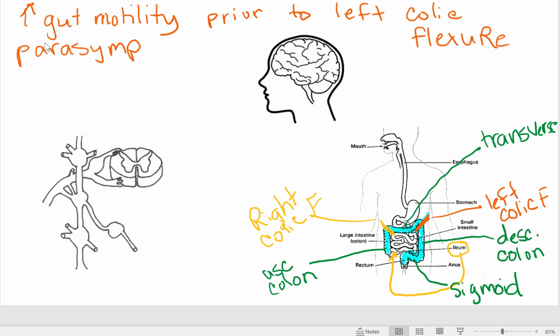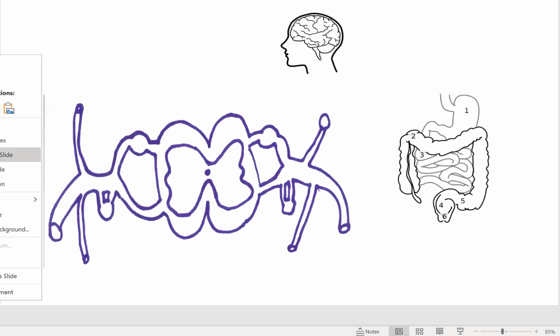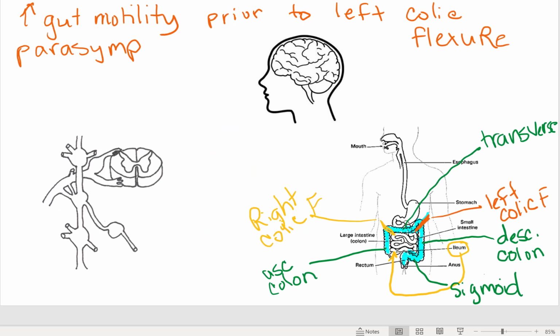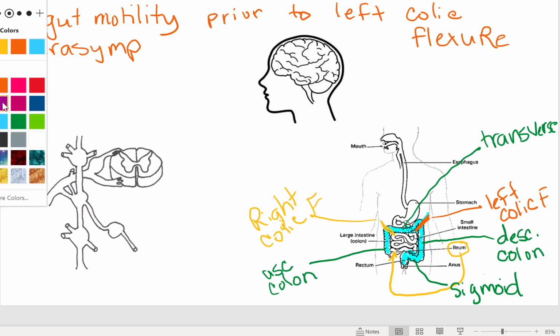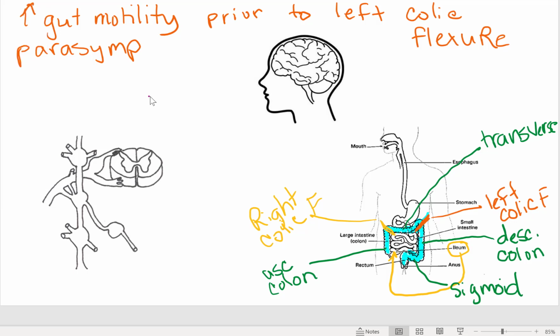So let's draw our preganglionic fiber now. I'm going to use a different color. I'm going to use purple for my preganglionic fiber.